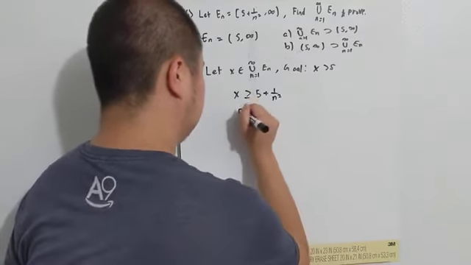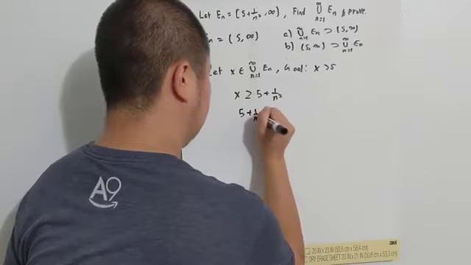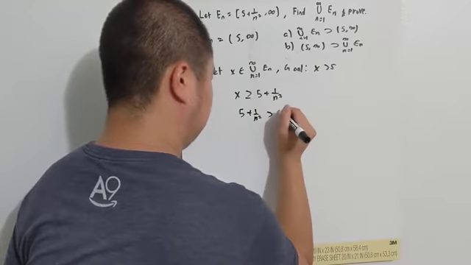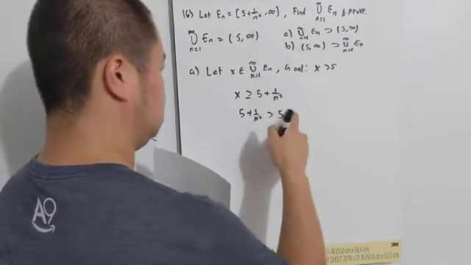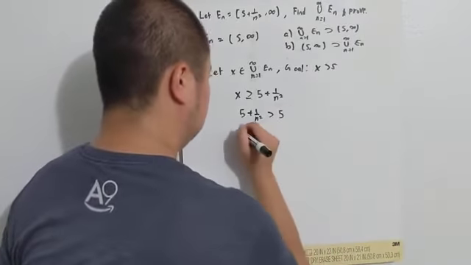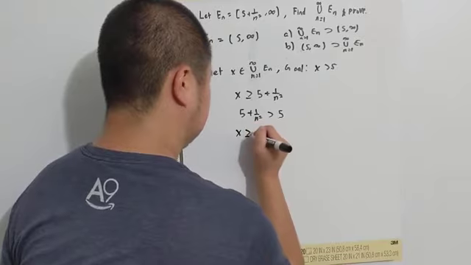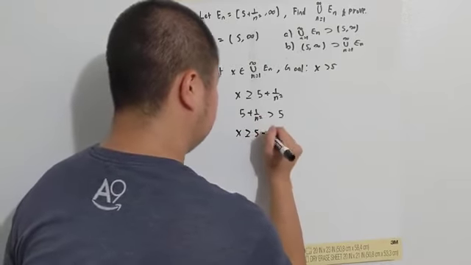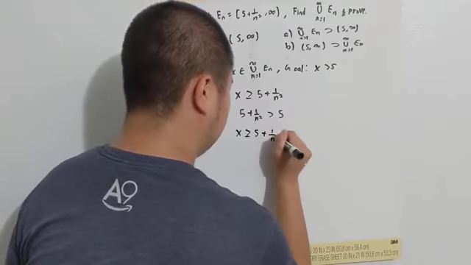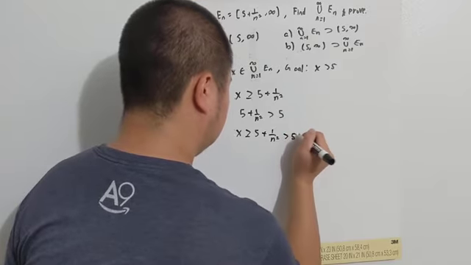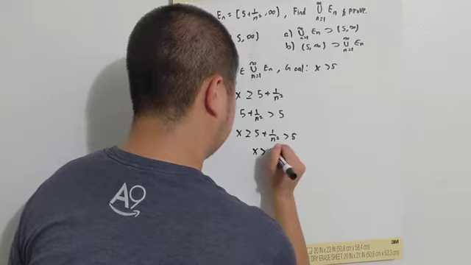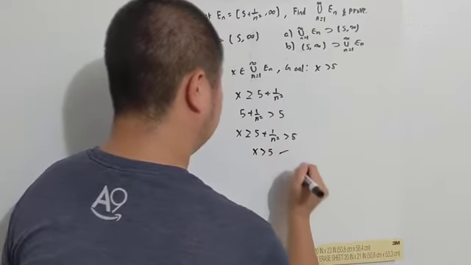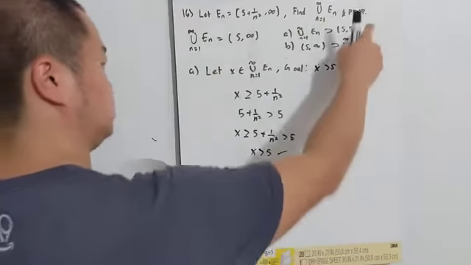We also see that 5 plus 1 over n squared is strictly greater than 5. If you combine these together, you get x greater than or equal to 5 plus 1 over n squared, which is greater than 5. So in this case, we get x greater than 5. We're done proving this part.